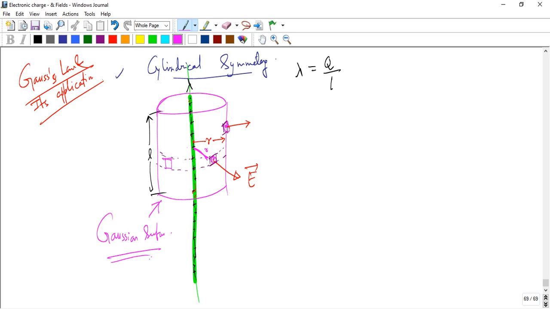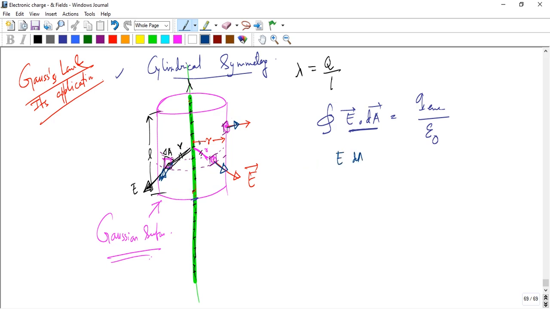The electric field E is in that direction, and the small surface element is delta A. Now if we apply Gauss's law, the flux phi is the integral of E dot dA, equal to the charge enclosed over epsilon naught. Since E and dA are both outward, E dot dA equals E dA cos 0 degree.